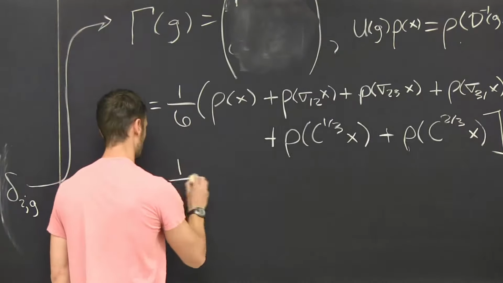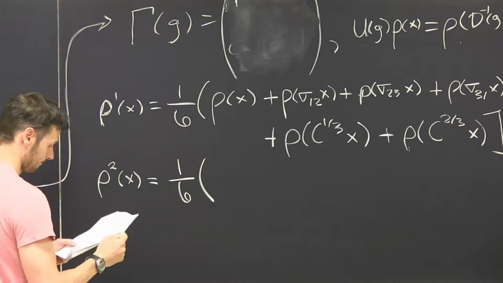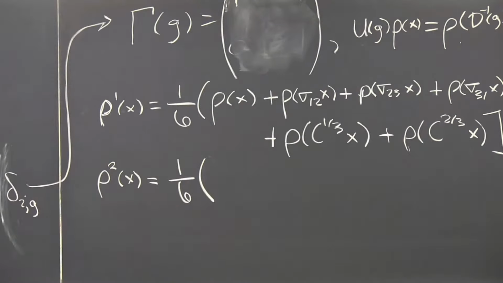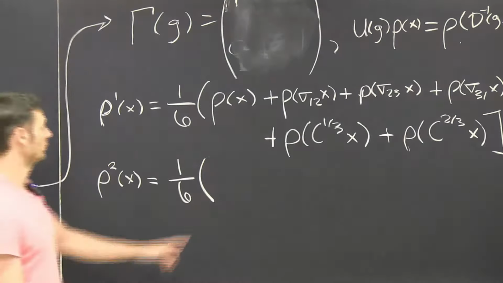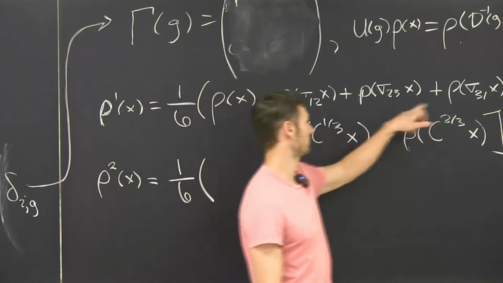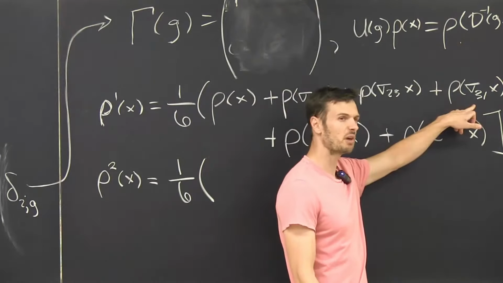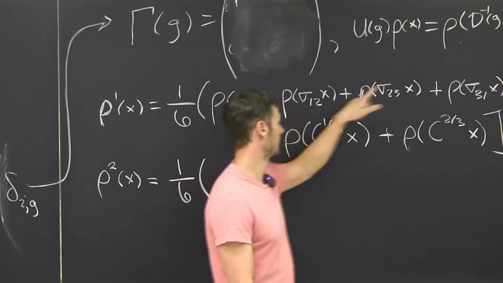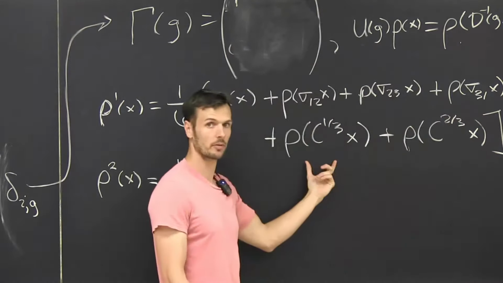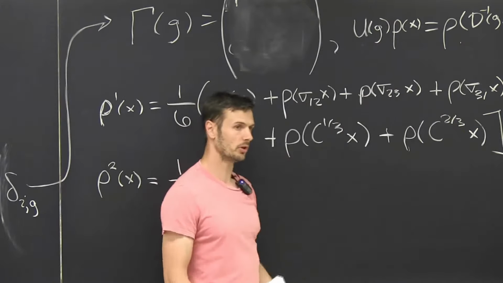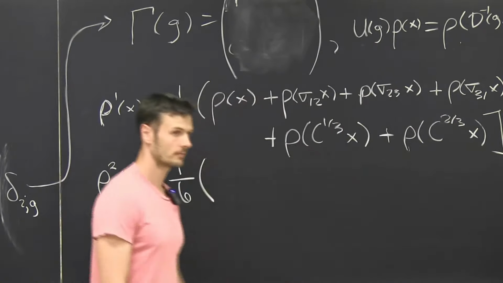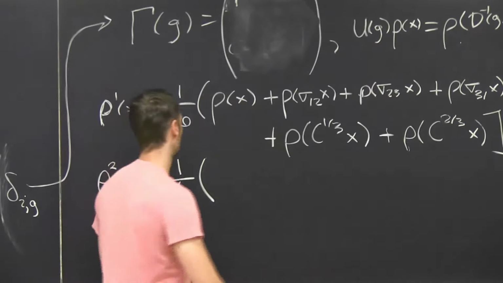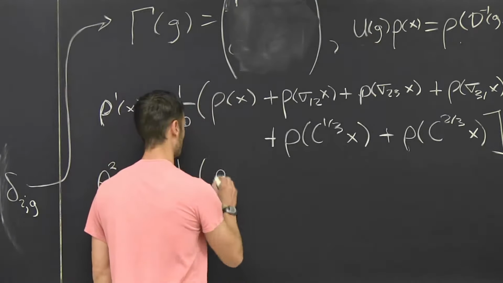So I can construct, I guess a good way to motivate it is that the parity of permutation operators like this is -1. So you might think, just guess, let me put -1 in front of those. The parity of rotation operators is +1, so I'll just leave the pluses in front of those. I'm just going to write that down, and we can stare at it for a minute and see.